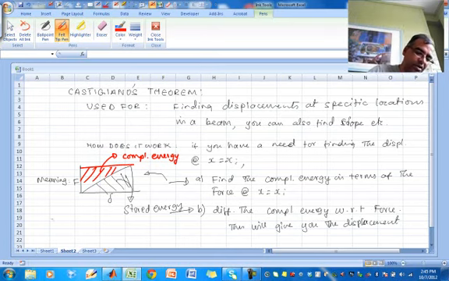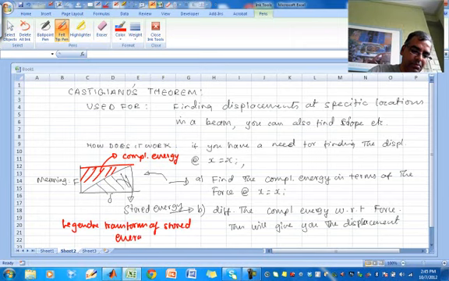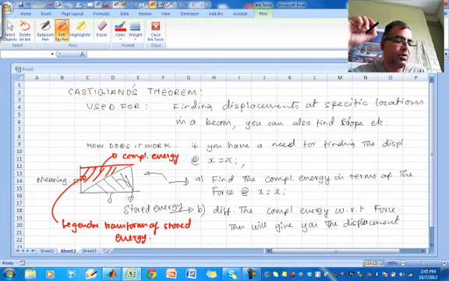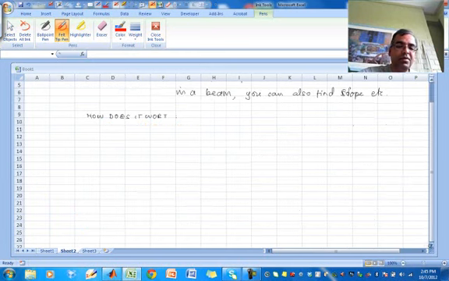Mathematically, this is called a Legendre transform. You don't have to know that. All you have to know is it is this thing. Okay. So let's see, how do we find this for a specific problem?